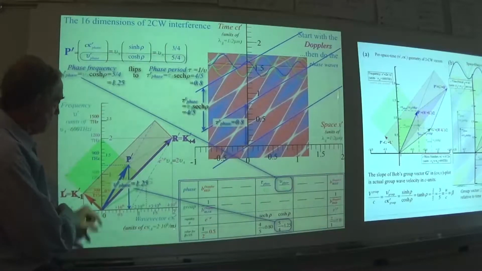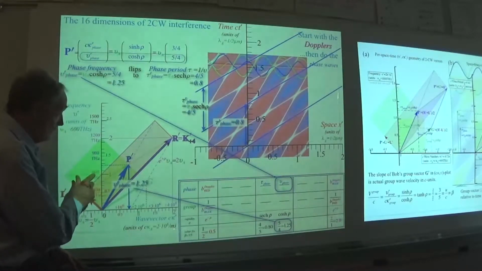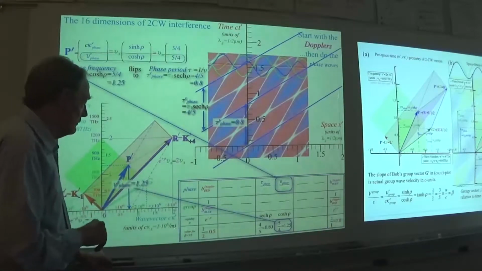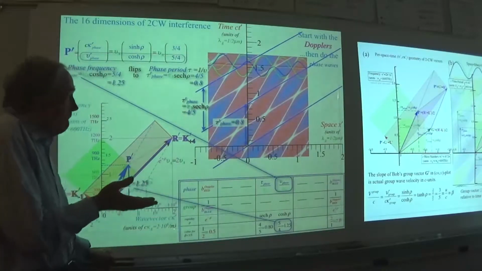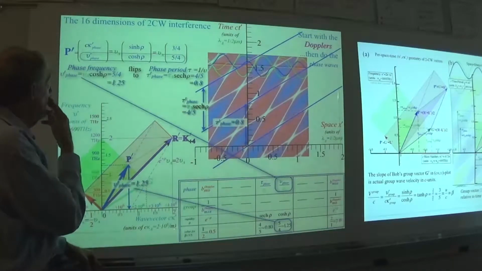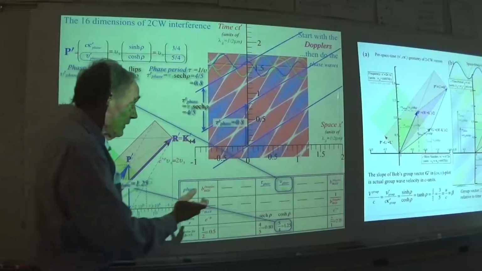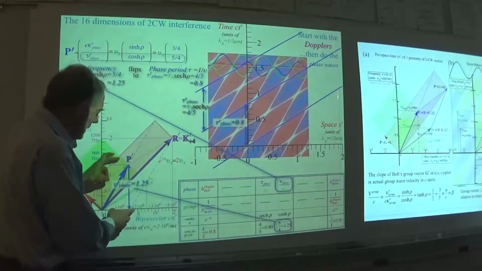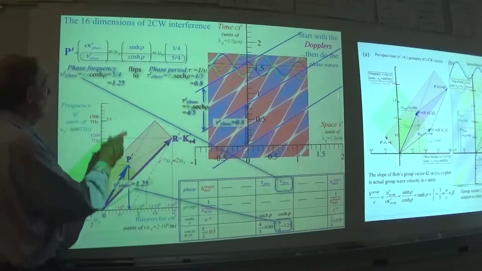Now this is a scale which makes 600 terahertz the unit, so watch out for that little factor of 2. But that's just for reasons of convenience here. Okay, so the phase frequency that we're talking about here is this guy here, and that's 5/4.